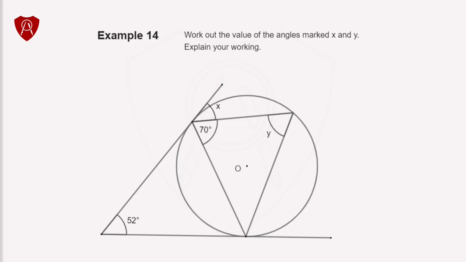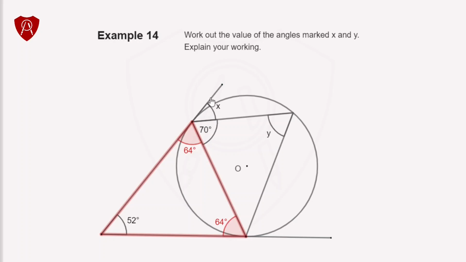Example 14. These two tangents and the chord define this isosceles triangle, and 52 degrees is the apex angle. Each of the base angles is therefore 64 degrees, so the sum of the angles in the triangle is 180 degrees.